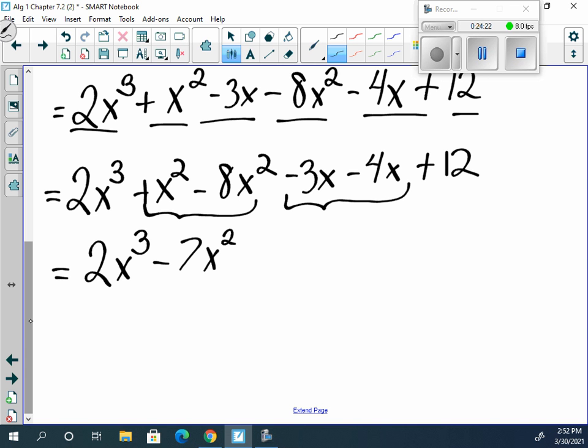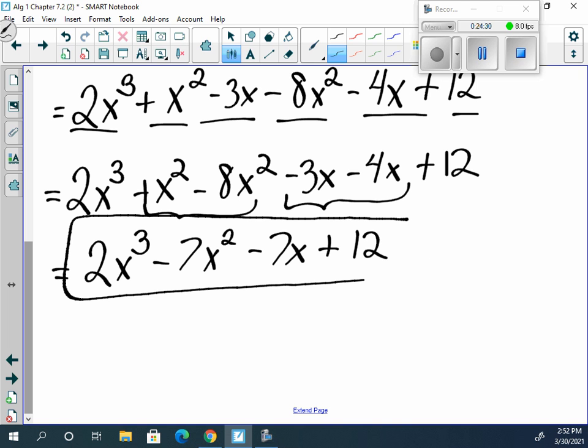Negative 3 minus 4 would give us negative 7x, plus 12. And we get this here. Any questions on any of this here so far? We're good with this here? Yes? Okay.